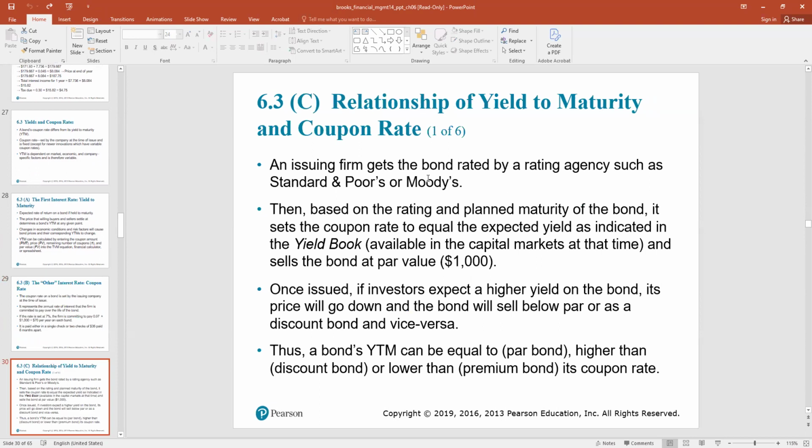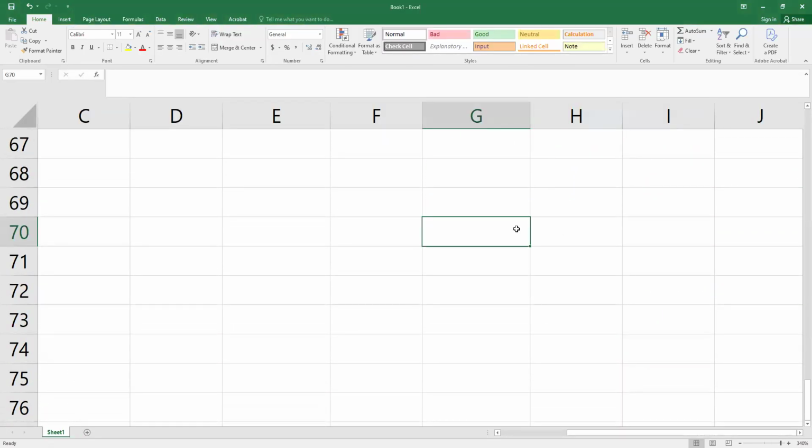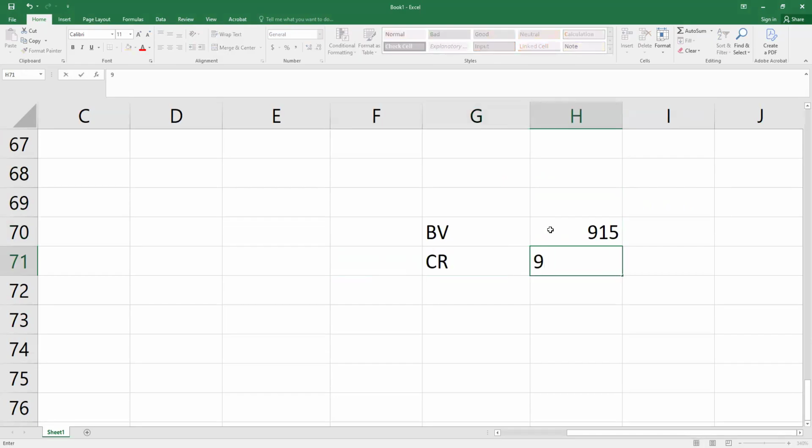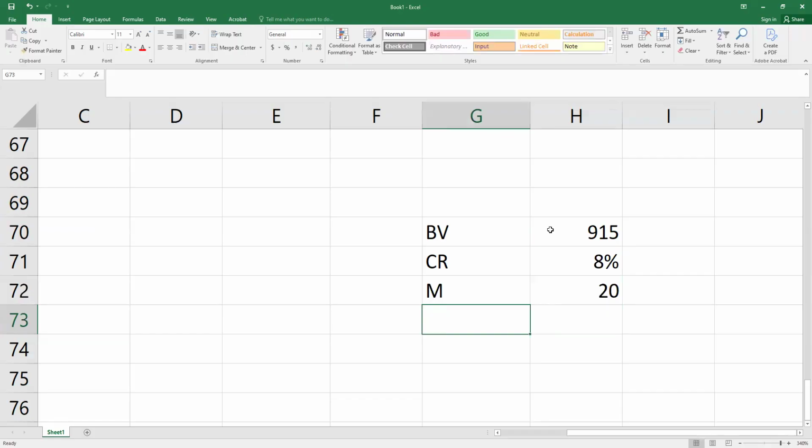So here is an example. Let's say the bond value is 915, the coupon rate is 8%, maturity is 20, and you're asked to calculate the YTM.